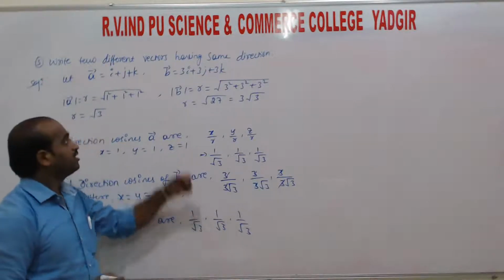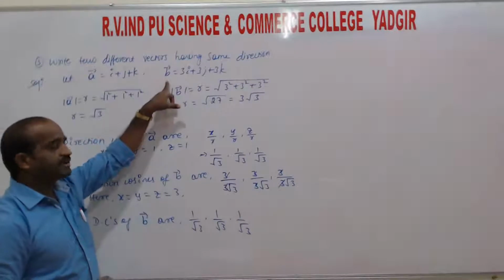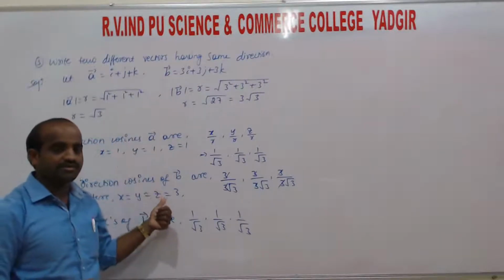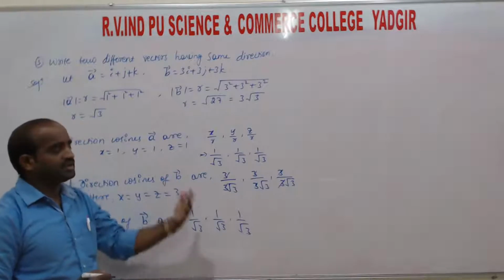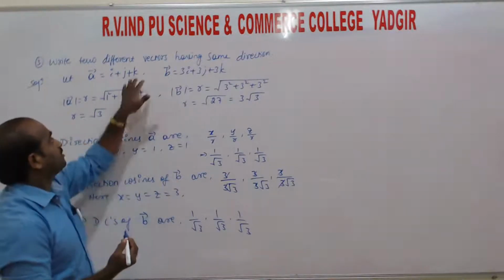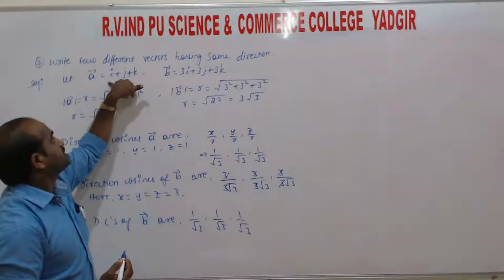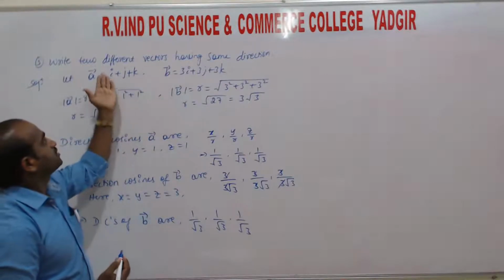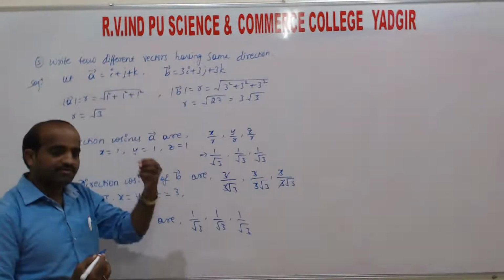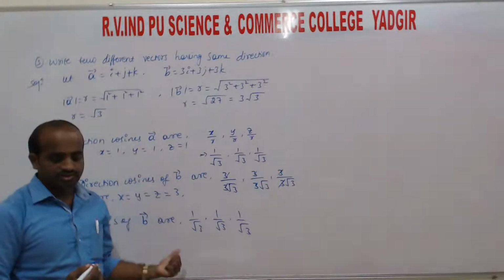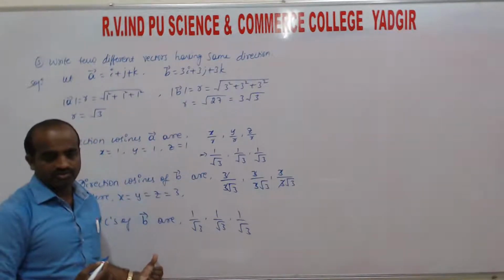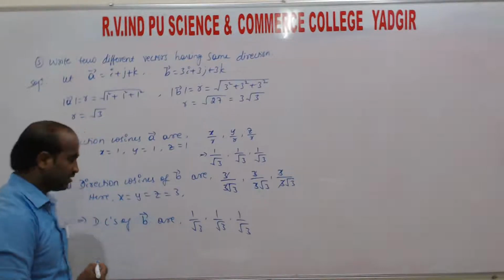Then we get a vector is not equal to b vector, but direction cosines of a vector are equal to direction cosines of b vector. If you take any two vectors of this type, such as 3i plus 3j plus 3k, then direction cosines of a vector are equal to direction cosines of b vector.